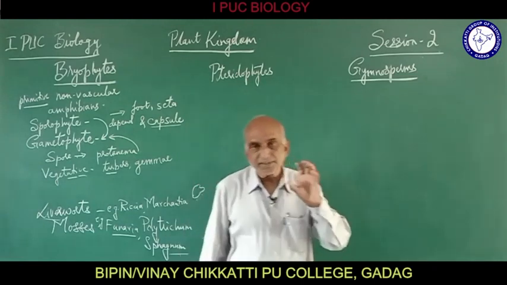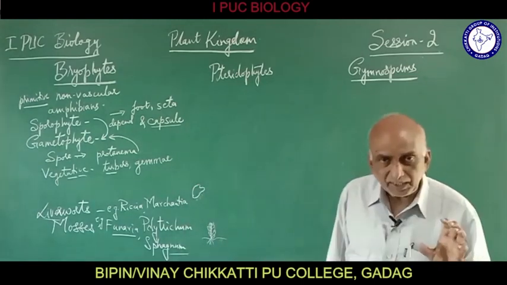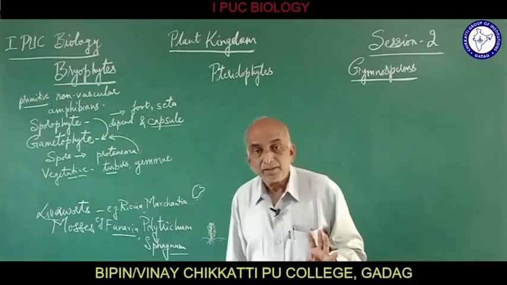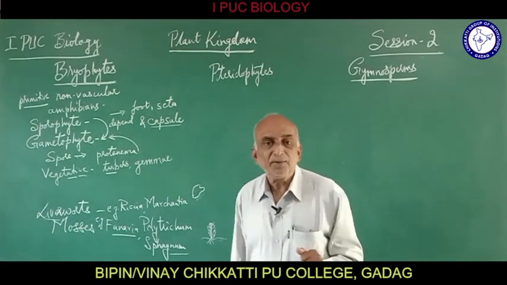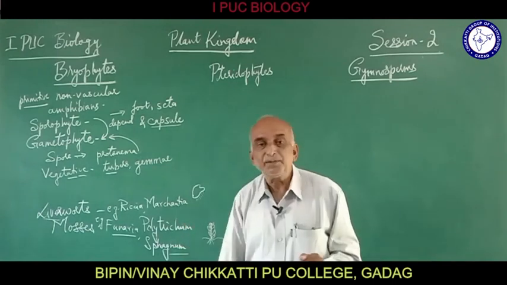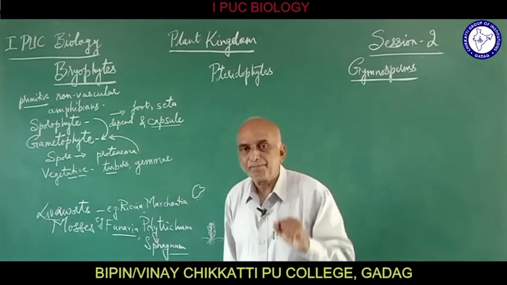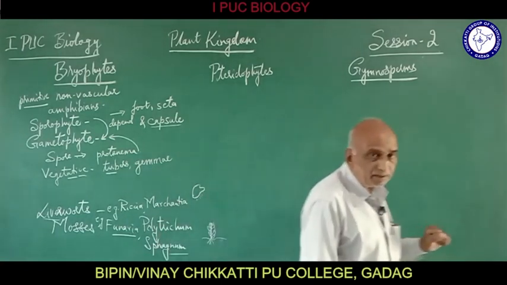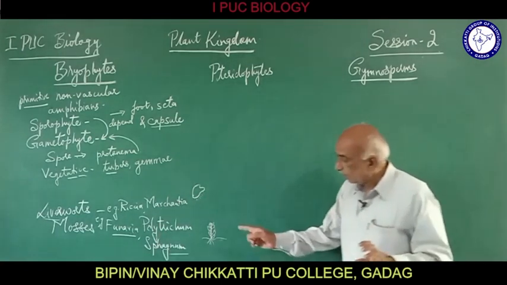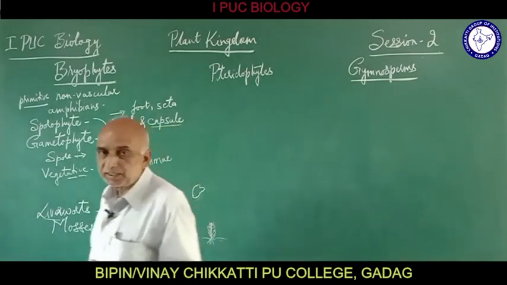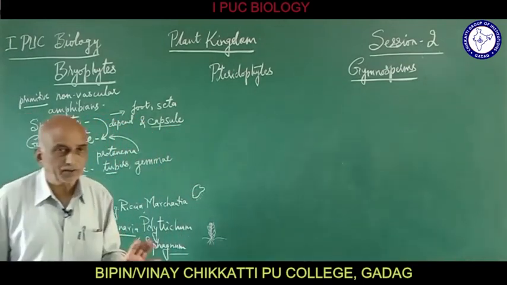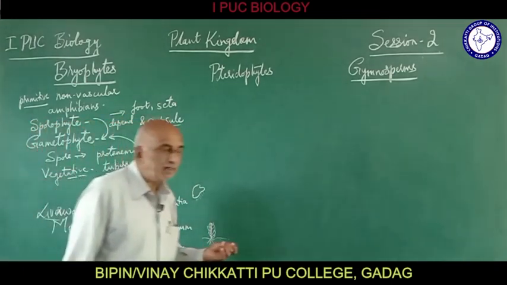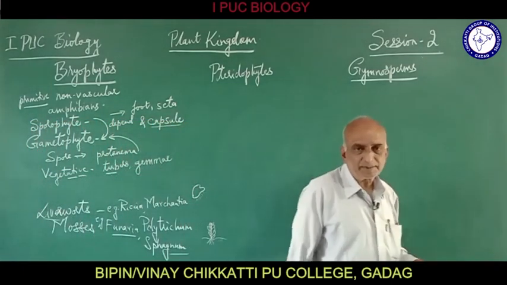This cotton, a soft material, is used for wounds in hospitals. But when the cotton is not available, Sphagnum can be used. The plant Sphagnum is soft in nature, and it is used as a substitute for cotton. So those are the uses of Sphagnum and the mosses.